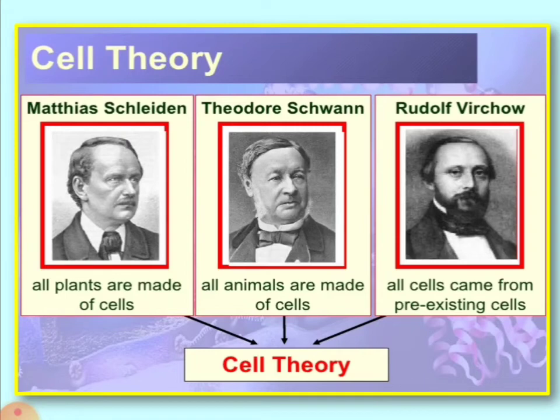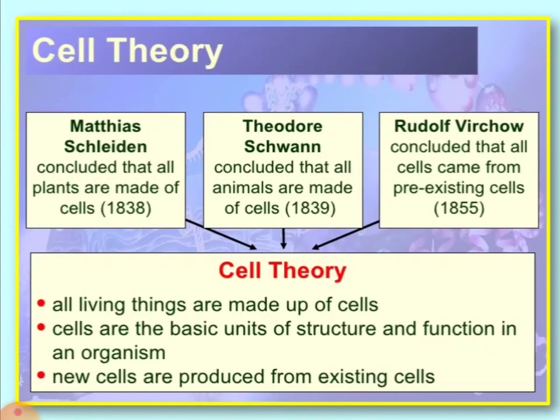So this all takes place from the previous cell, that is pre-existing cells, and they keep on dividing by themselves. So this was given by Rudolf Virchow, that all cells come from the pre-existing cell. So this is the cell theory given by all these three scientists, that is Matthias Schleiden, Theodor Schwann, Rudolf Virchow. So finally they concluded that all the plants are made up of cells, all the animals are made up of cells.